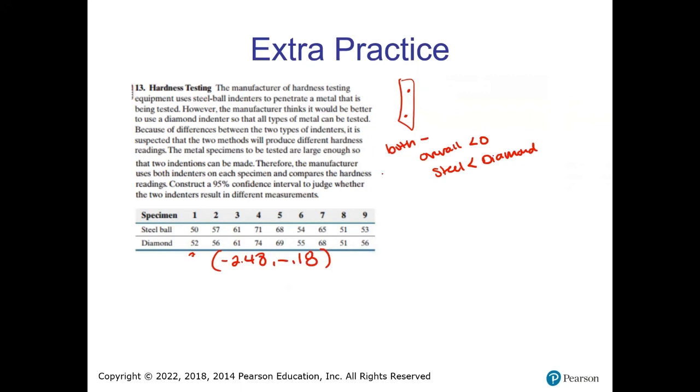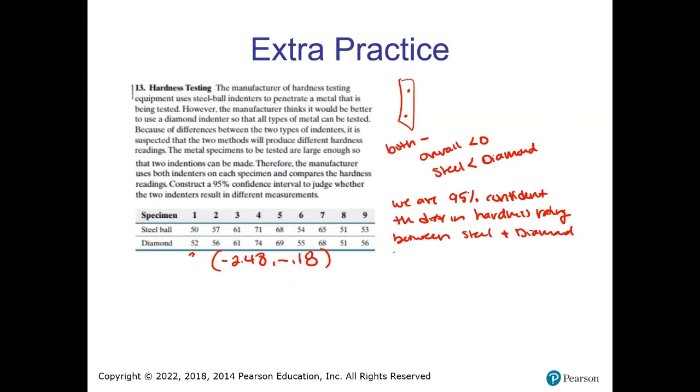We can say we are 95% confident the difference in hardness rating between steel and diamond indenters is between negative 2.48 and negative 0.18.